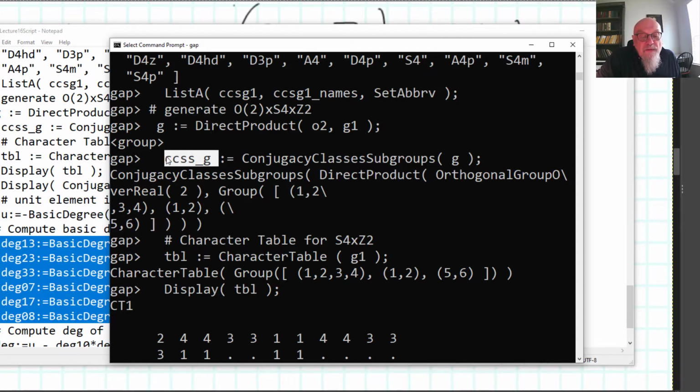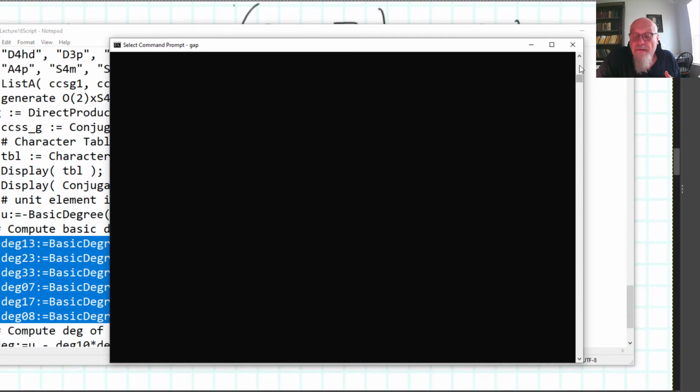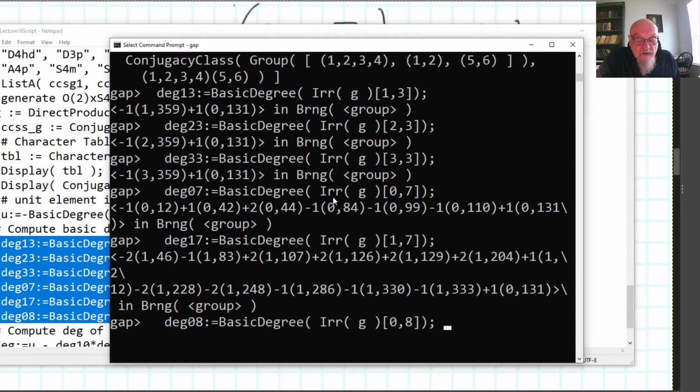In the previous examples, I was using CCS, and suddenly this is CCS subscript G. Wow, it's getting confusing. Okay, so we wait for the last degree, and then we will find out what these symbols stand for. And we'll see.